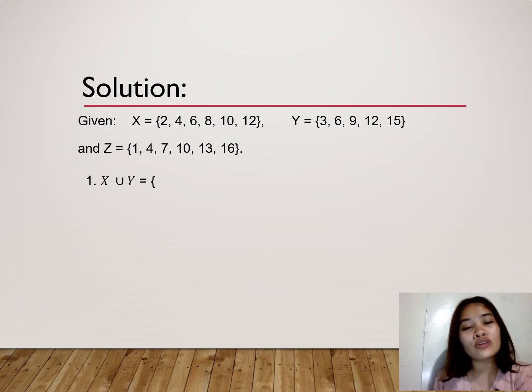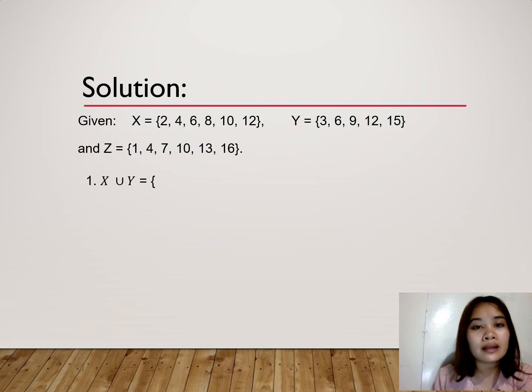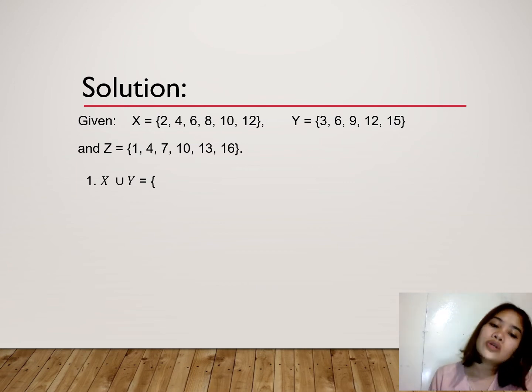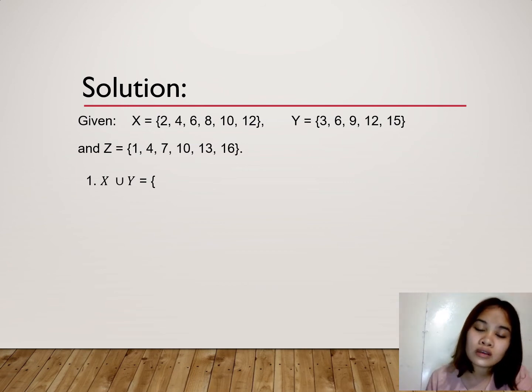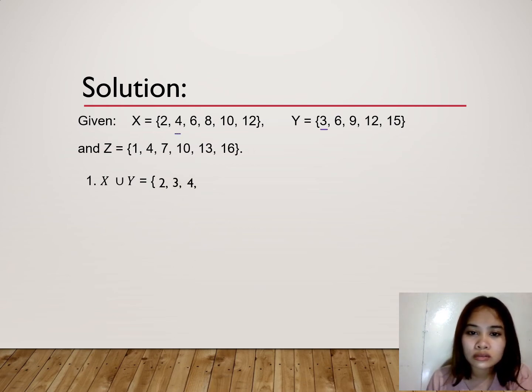So, when we say union, i-combine nato ang elements sa X and Y. So, first, we have to write the 2. Then, 3. Right? 4. We don't have 5, so let's proceed directly to 6. 6 is common between X and Y. So, again, kas-ara na to isulat ang elements.